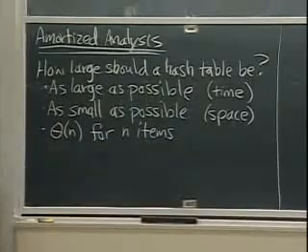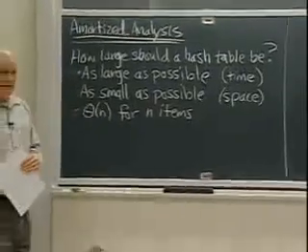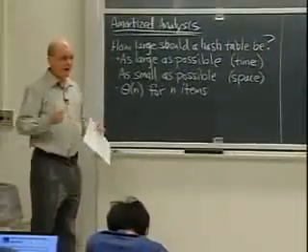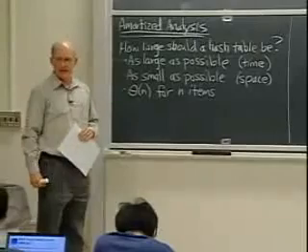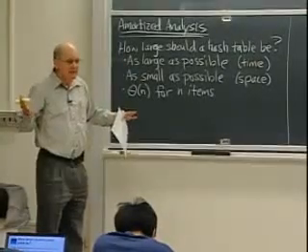If I start out with a hash table and I don't know how many elements are going to be hashed into it, how big should I make it?